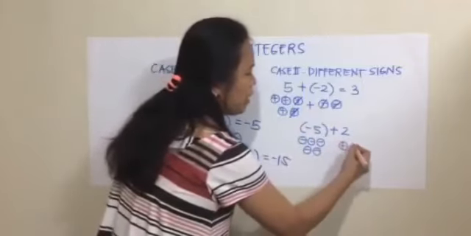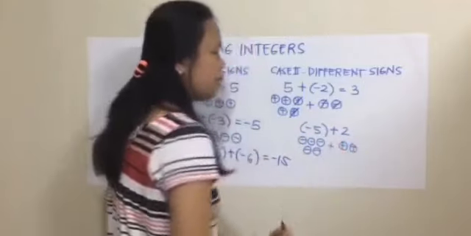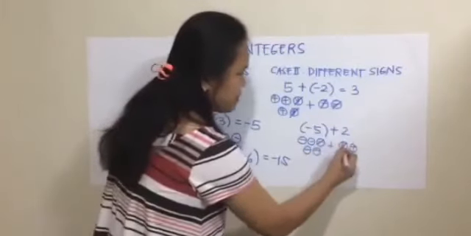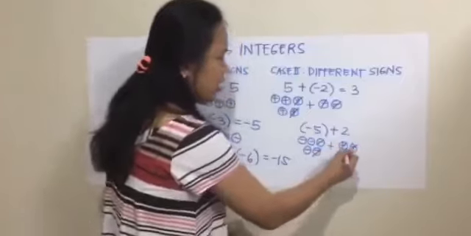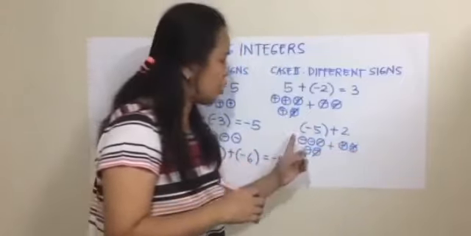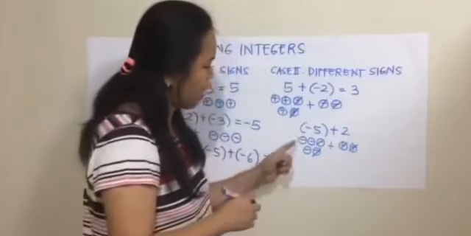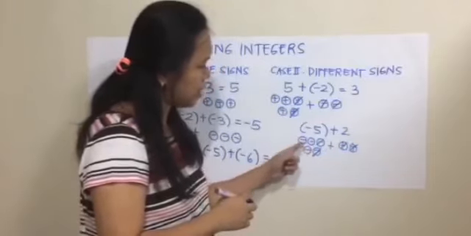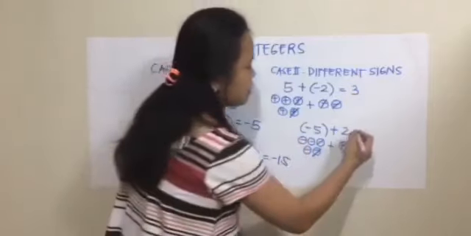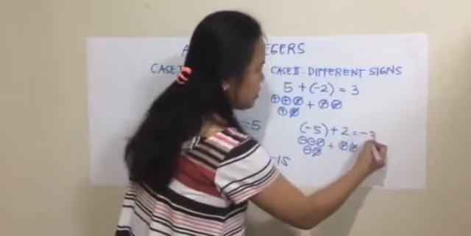So 1, 2. And then make a pair of positive and negative chips. So this will give you 0. And then count the number of chips left, and then you have to look at the sign. Okay, so we have here negative chips. How many negative chips are there? 1, 2, 3. So your answer here is negative 3.